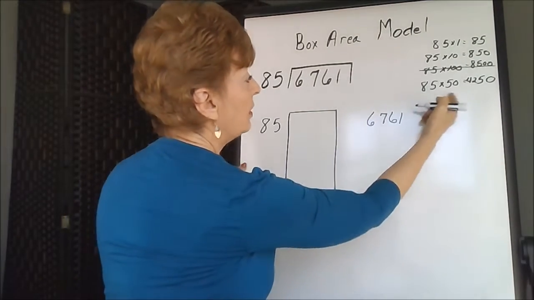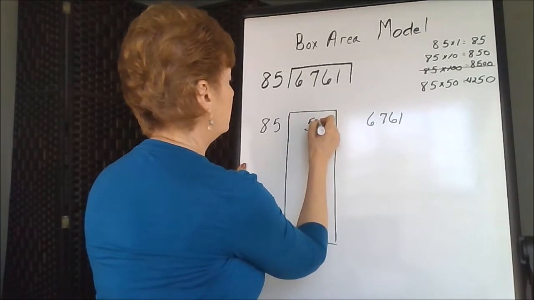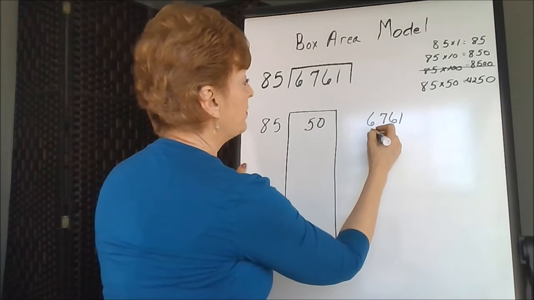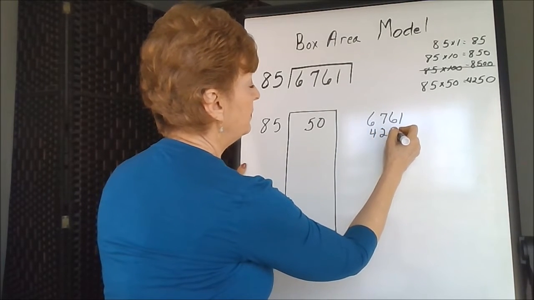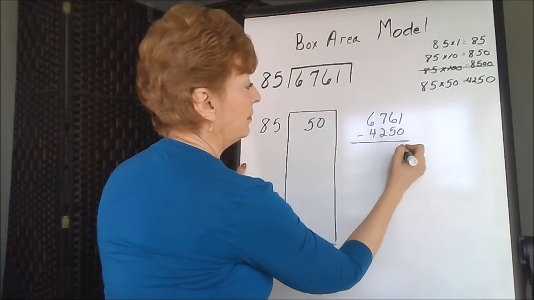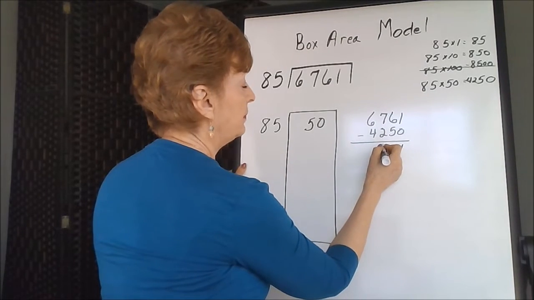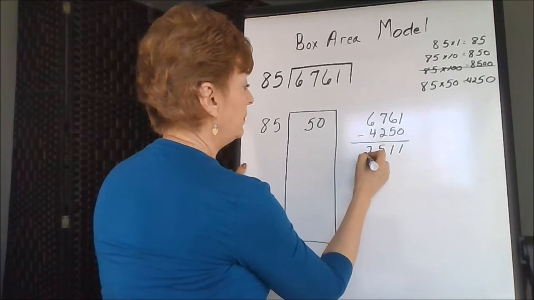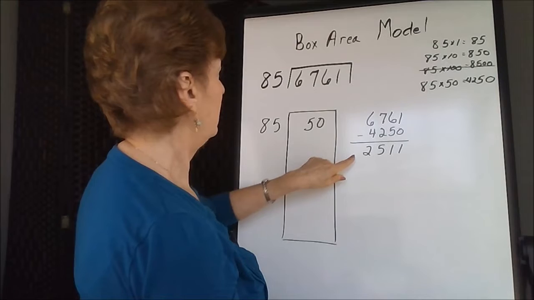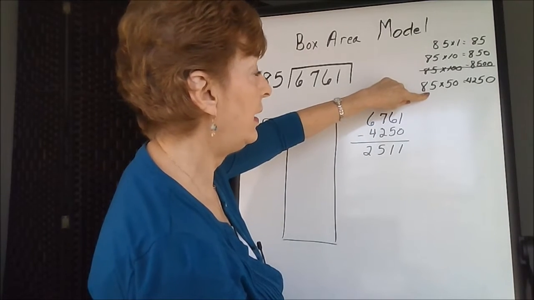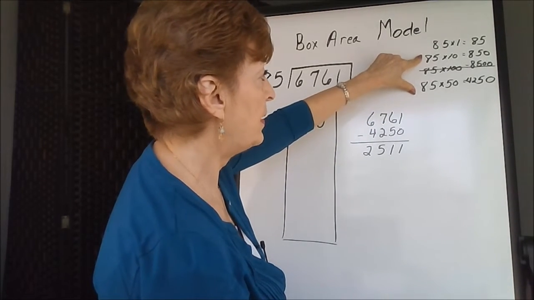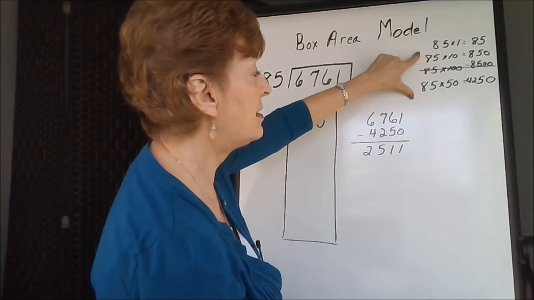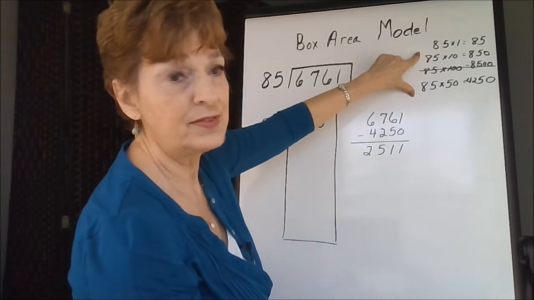Okay, so we'll use a 50 to begin with. That gives us 4250. Now this becomes too high. We're between the 50 and the 10, so let's try 85 times 30.